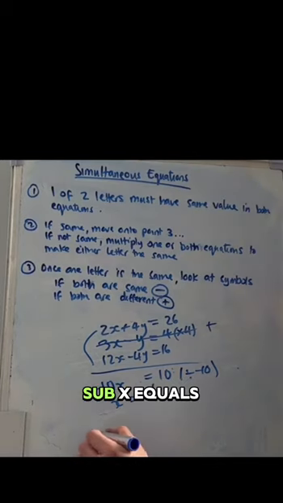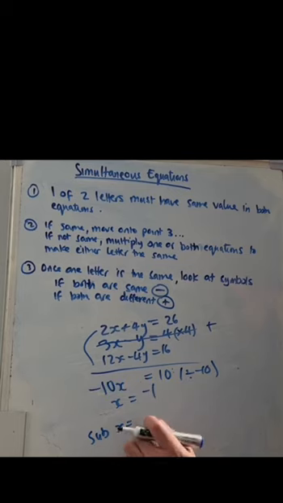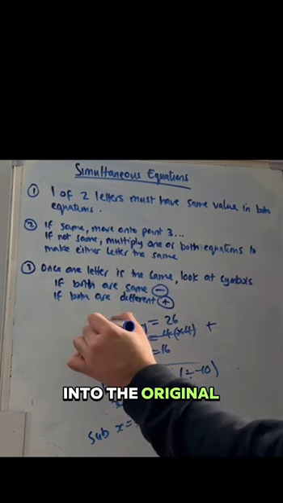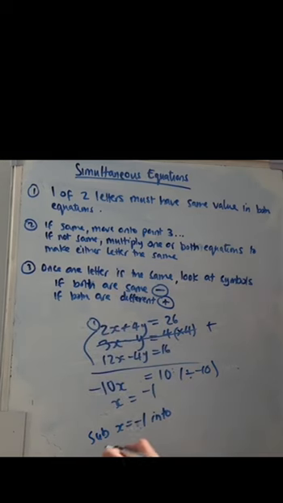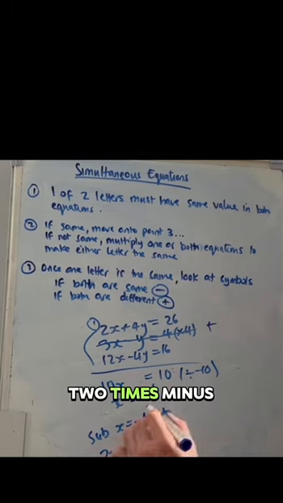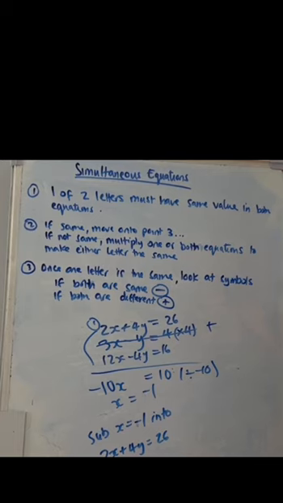If I sub x equals 3 into the original equation, 2x plus 4y equals 26: 2 times 3 is 6, plus 4y equals 26.